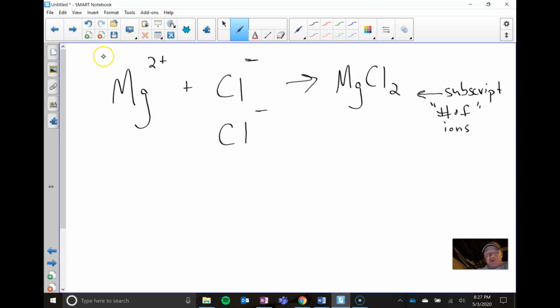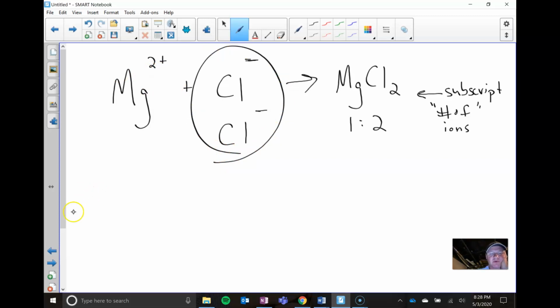Whereas up here, remember, a superscript tells the charge. So MgCl2 tells us that magnesium chloride has to exist in a 1:2 ratio, because it takes 2 chloride ions with -1 charges to balance out the +2 charge of 1 magnesium ion.